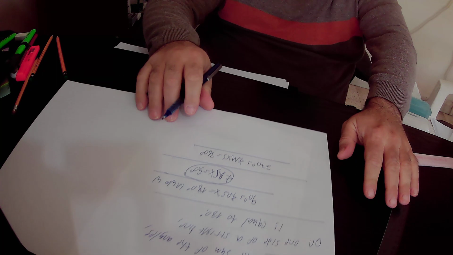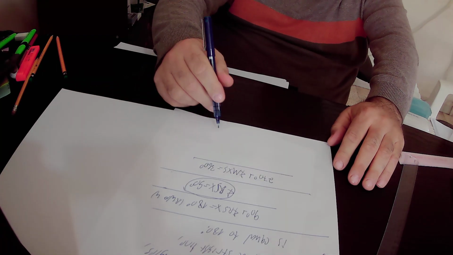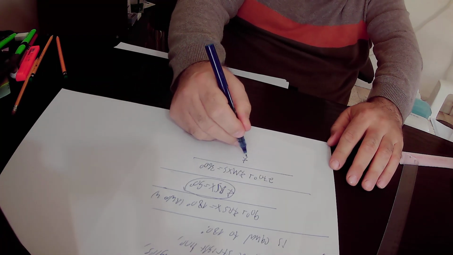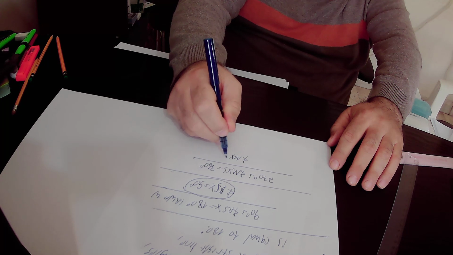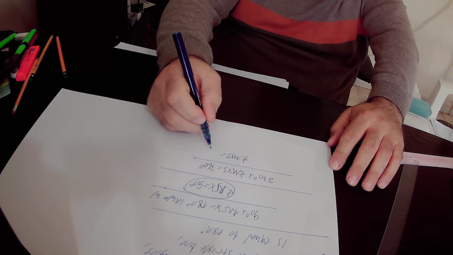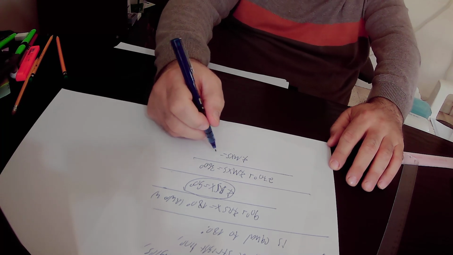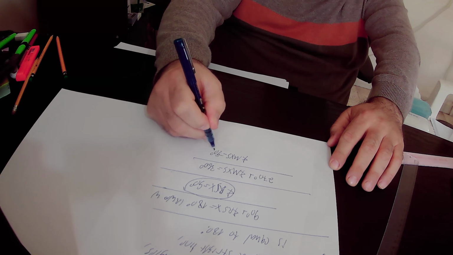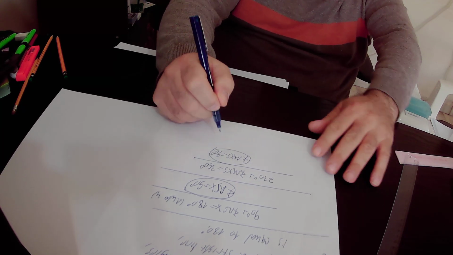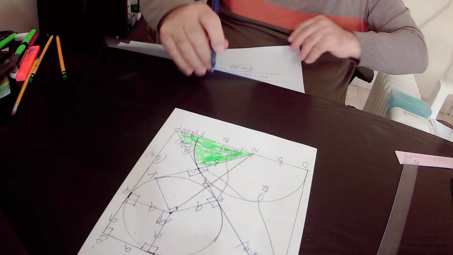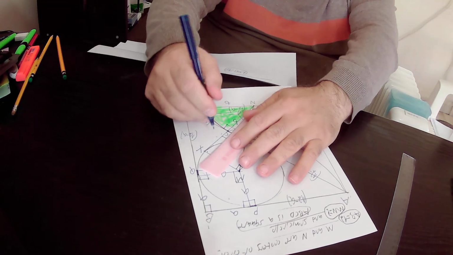Here we'll subtract 270 degrees from this equation, and we will get that angle MXS, the missing angle, is equal to 360 degrees minus 270 degrees, that is 90 degrees. So we found out that angle MXS is a right angle, it equals 90 degrees.